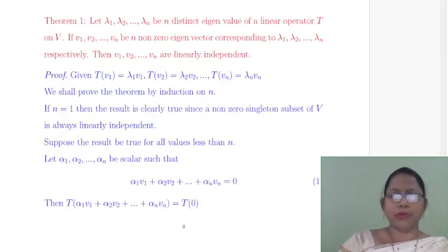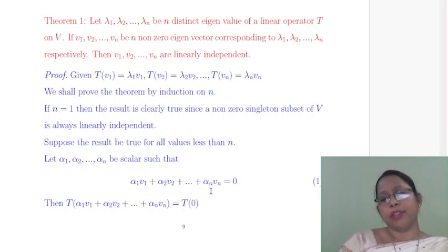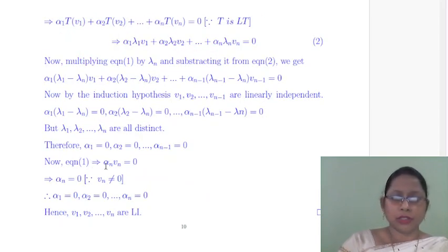Now from equation 1, except the last term, all the preceding terms are 0. So the last term alpha n bn is equal to 0.